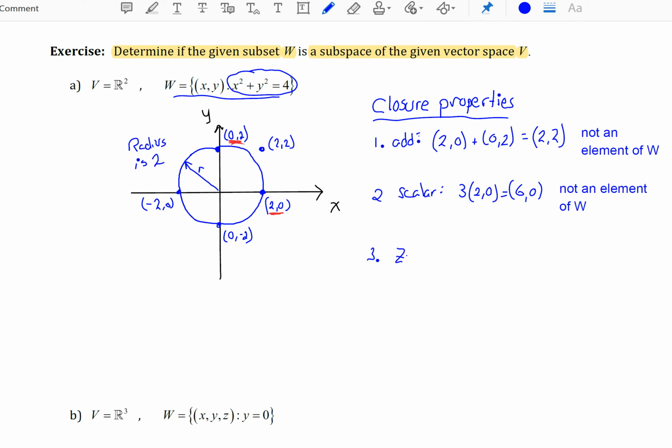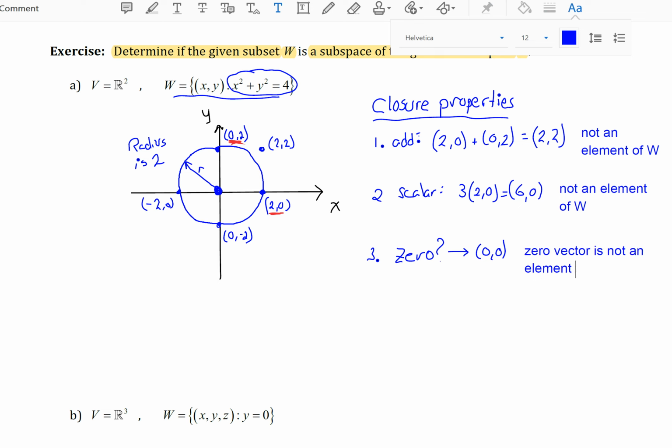We could have also checked for the presence of a 0 vector. So here we're talking about the ordered pair 0, 0. Is 0, 0 an element of W? And notice that 0, 0 would technically be the origin. And notice that the origin is not a solution to our equation and not an element of W. Either way, it would not matter which of the three properties I displayed here.